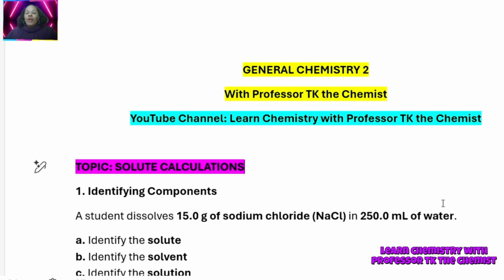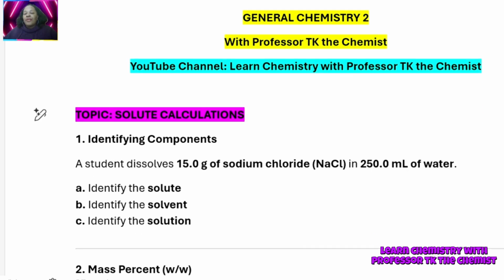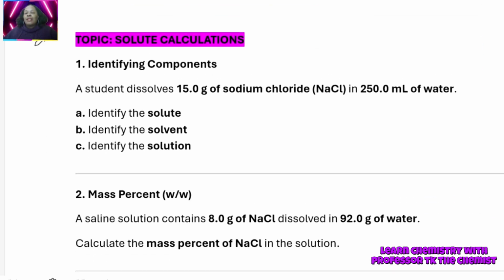Now, I am going to go through these examples with you, and as I teach this lesson for this afternoon, keep in mind that everything that you do today will affect you a month from now because everything builds upon each other, all right? So, let's go ahead and get into this first example. In this first example, I want you to identify the components.